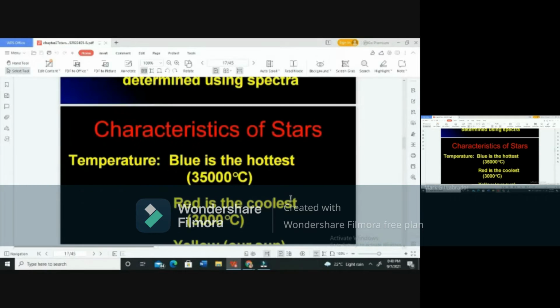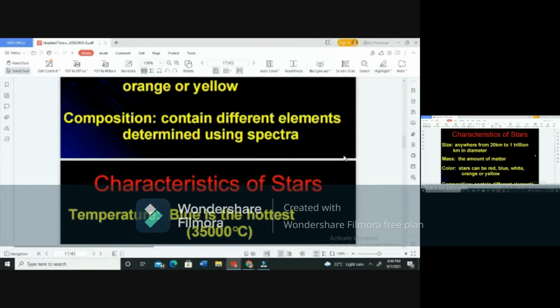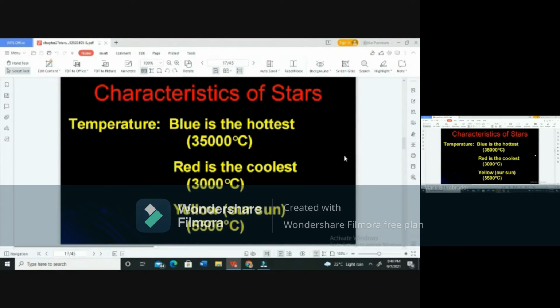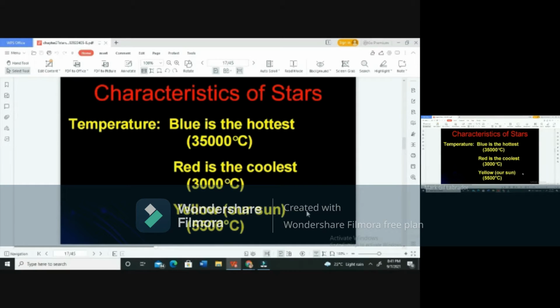Let's continue with the characteristics. Another one, aside from composition, color, mass, and size, may temperature din siya. Yung pinakamainit na star is almost 35,000 degrees Celsius. Sobrang init. While the color red star is actually the coolest, almost 3,000 degrees Celsius.